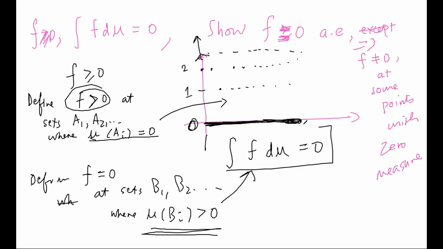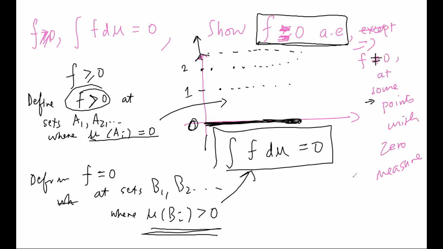And because of this, it fulfills the condition of f equals 0 almost everywhere, because by definition, almost everywhere means your f is not equal to 0 at some points, but with 0 measure. So this question is basically trying to reinforce the learning of the term almost everywhere, right?